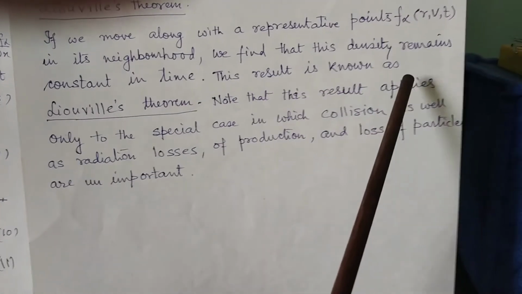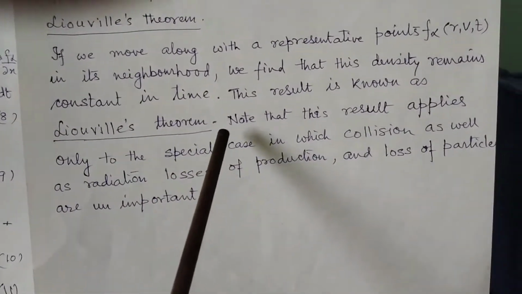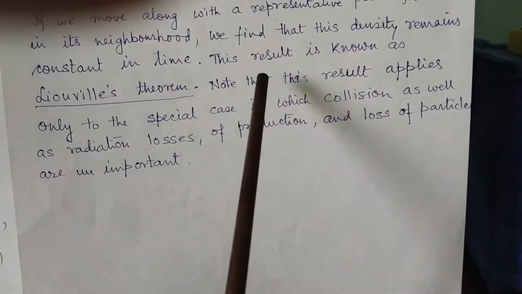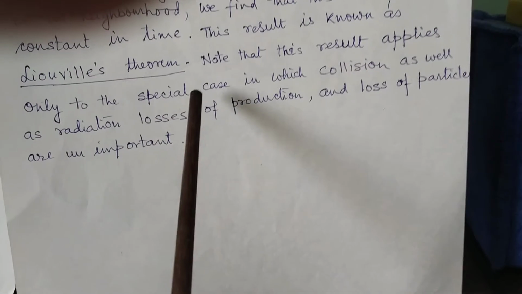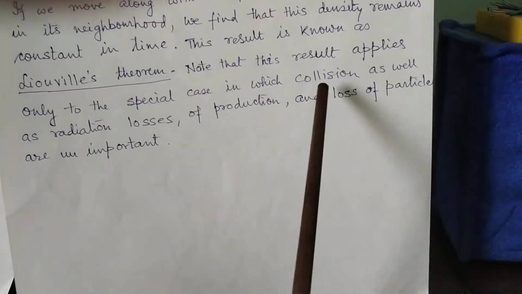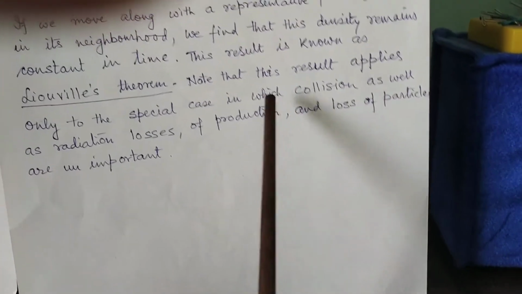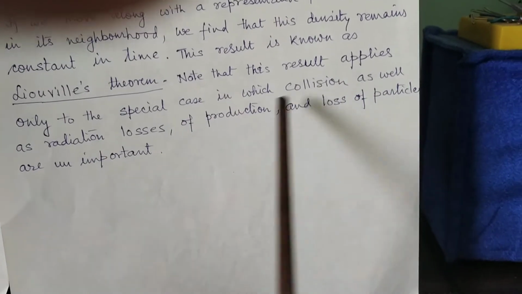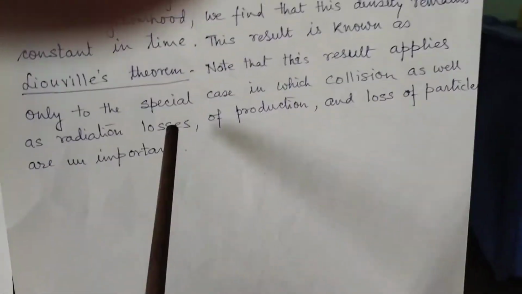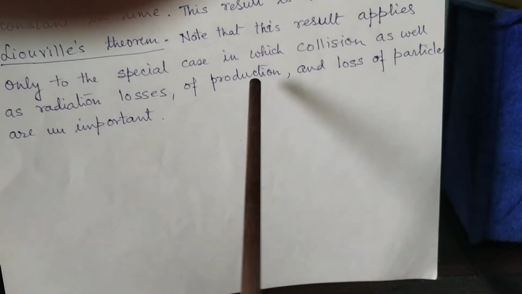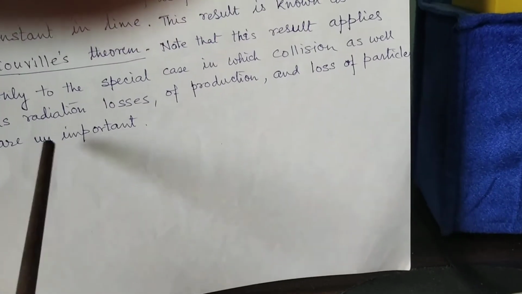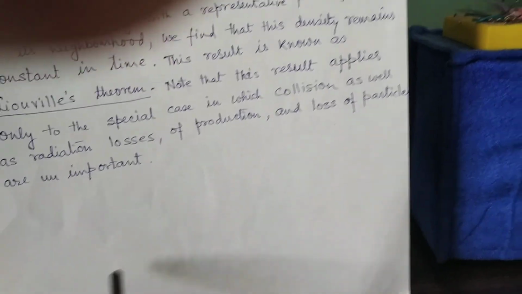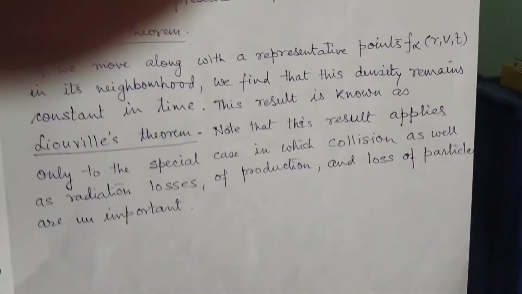This result is known as Liouville's theorem. Note that these results apply only to the special case in which collisions, as well as radiation losses or production and loss of particles, are not important.